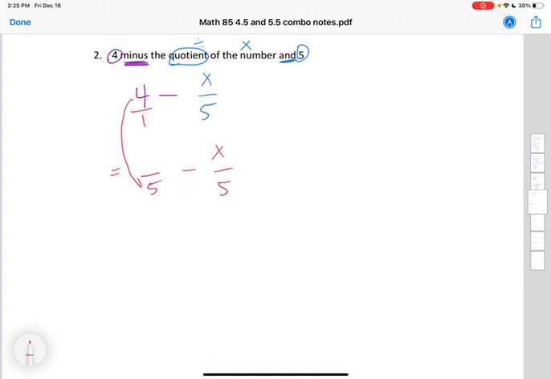So what are we going to scale up that 4 so that matches our 1 to the 5? We did times 5, right? So that 4 times 5 would give us a 20 up top. So you'd have a 20 minus x all over 5. Okay, and that looks good.